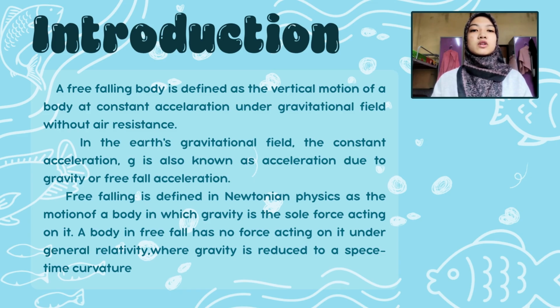Third, free fall is defined in Newtonian physics as the motion of a body in which gravity is the sole force acting on it. A body in free fall has no force acting on it under general relativity, where gravity is reduced to a space-time curvature.